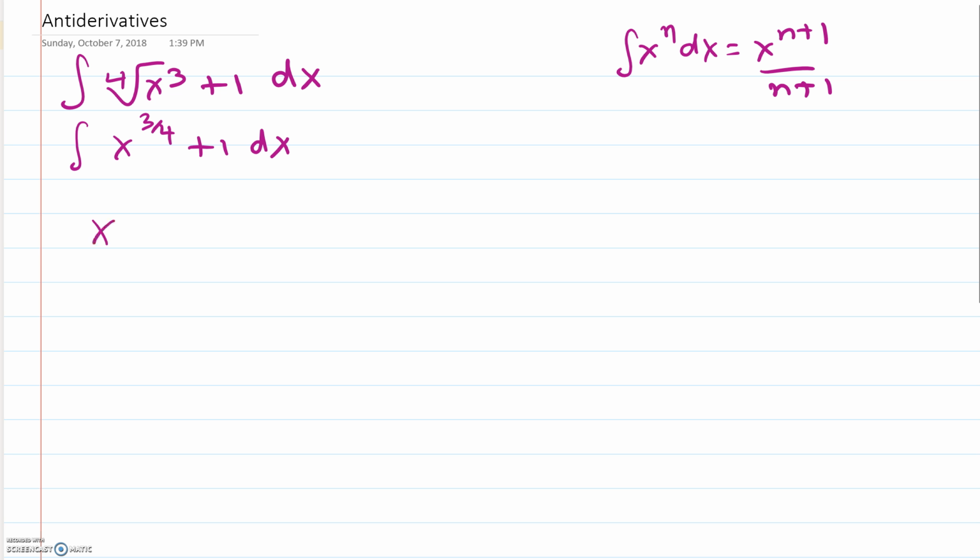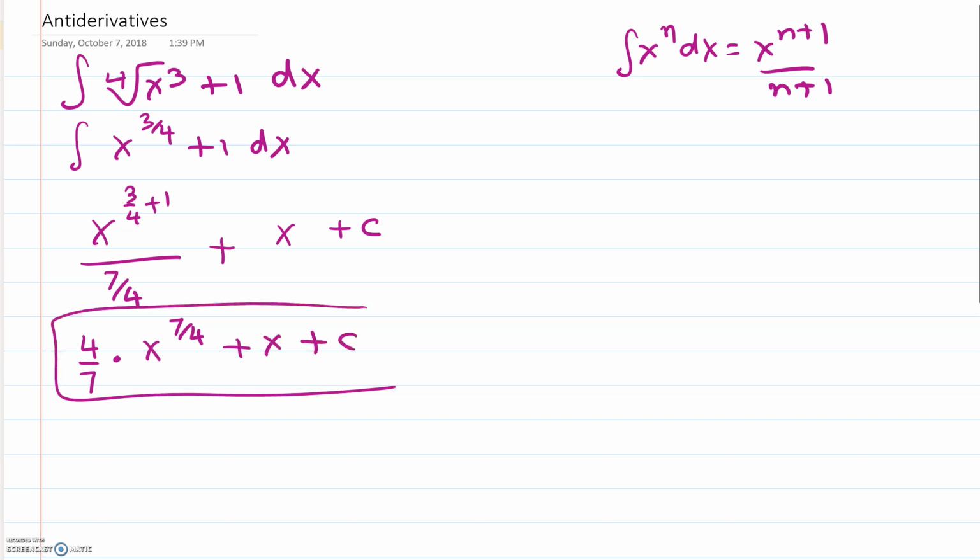So this is going to become x to the 3 by 4 plus 1 divided by 3 by 4 plus 1 will become 7 by 4 plus integrating the second term 1 will become x and then plus c. Right? We're simplifying this a little bit. The 7 by 4 in the denominator will become 4 by 7 x to the 7 by 4 plus x plus c. Right? So that becomes the indefinite integral.